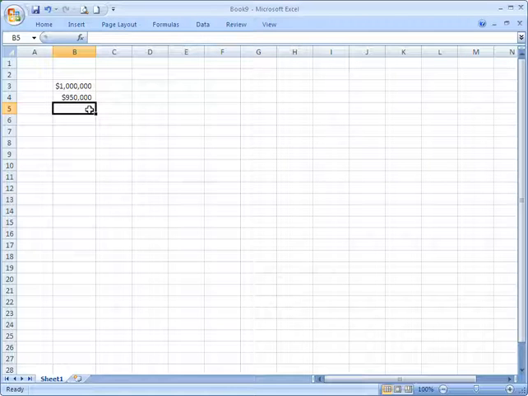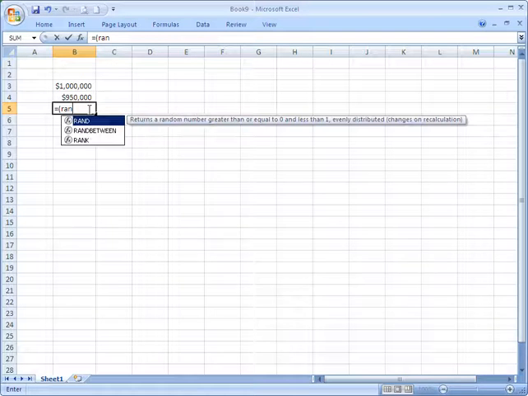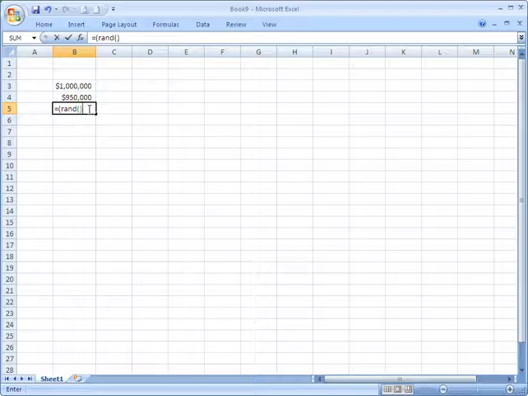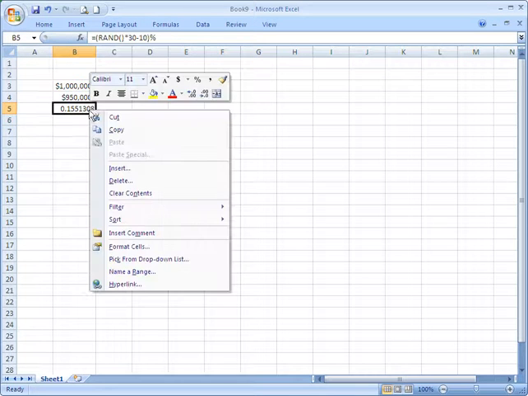The change over the course of a year is a random percentage that may be anything from -10 to plus 20%. That's a range of 30 with minus 10 at the bottom. And we'll reformat it to look like a percentage.